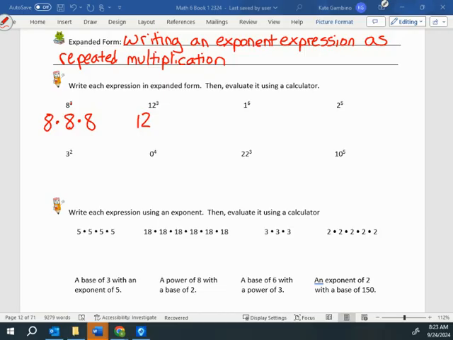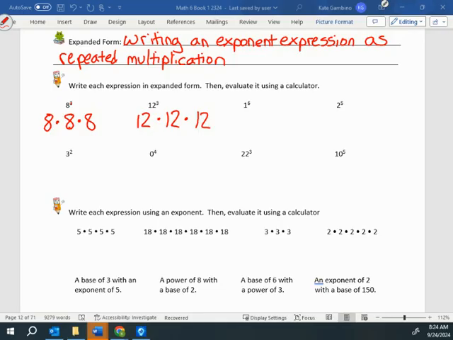Okay. What key thing am I missing? I need to put multiplication in there. Okay, I'm not just going to write the 12 3 times. I do need that, but I need to know what operation I'm doing. When we're working with exponents, we're always multiplying.